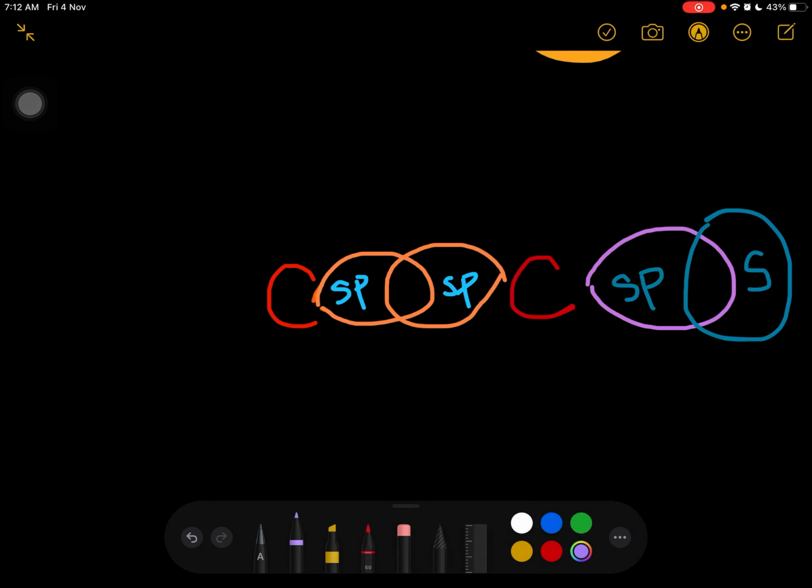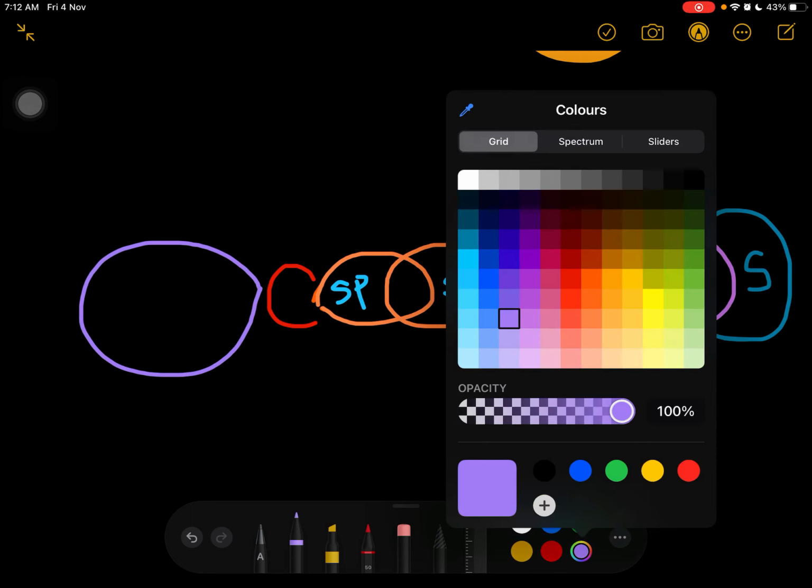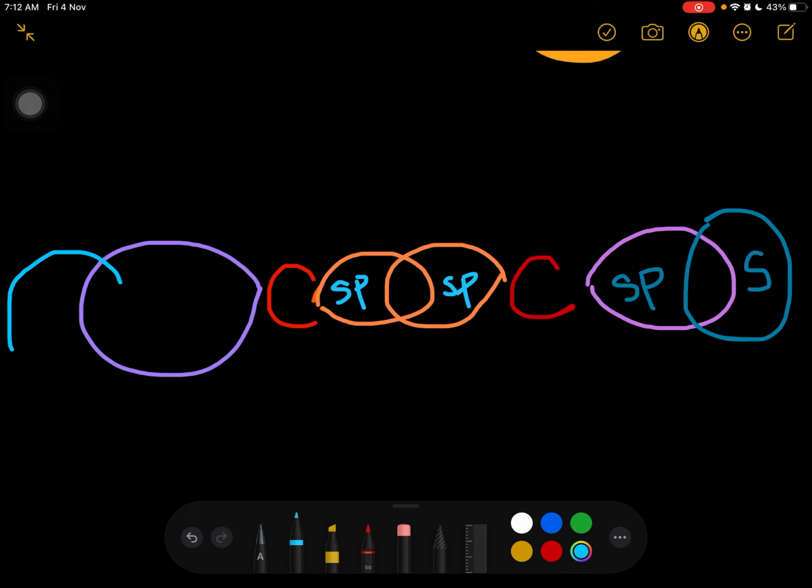Same in the case of this one, s is used and sp is used. This is the basic structure. You can see this is a sigma bond, this is a sigma bond, and this is a sigma bond.